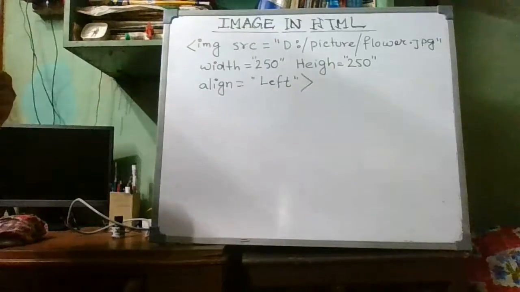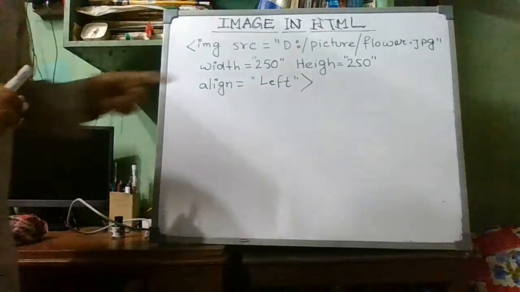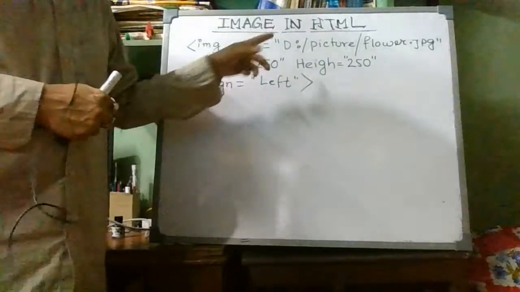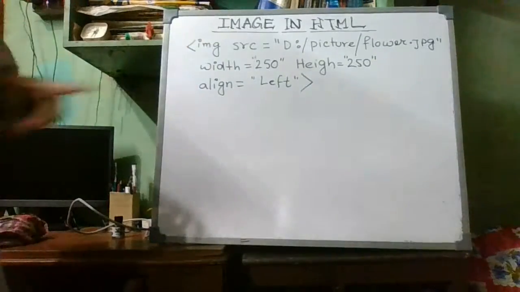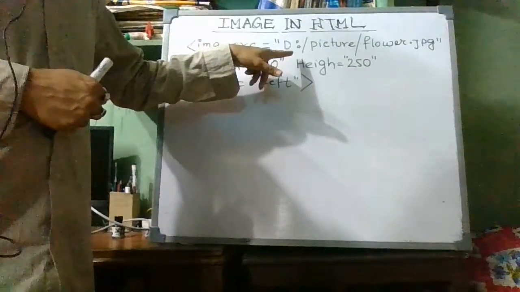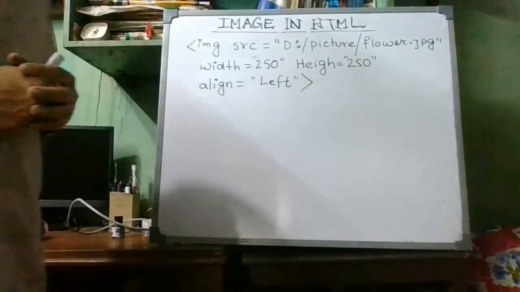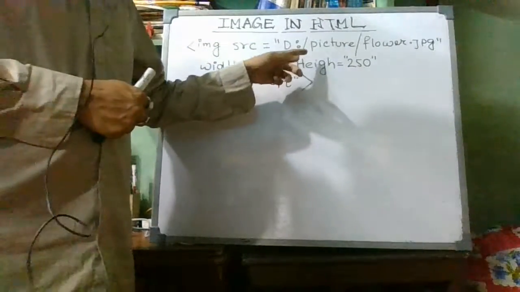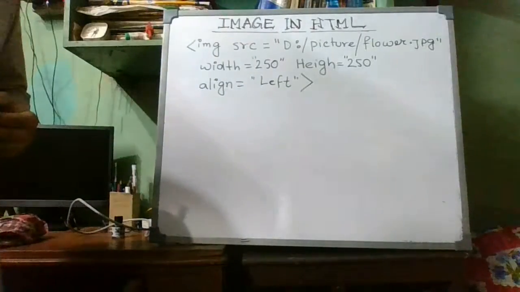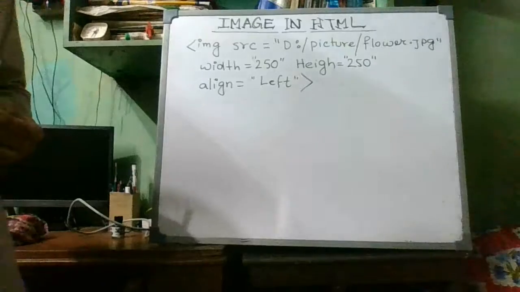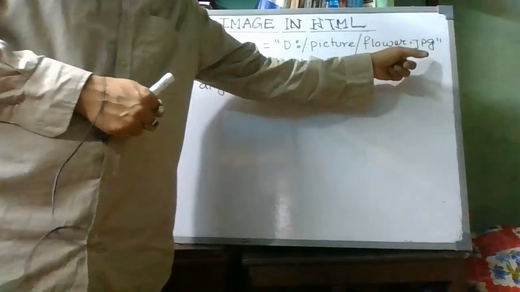Within the src attribute, you write src, then equal to, then you start with double quotes, and then you give the drive name where your picture belongs. After that, a colon and front slash, you give the folder name in which the picture exists, and after that you give directly the picture name with the extension jpeg.